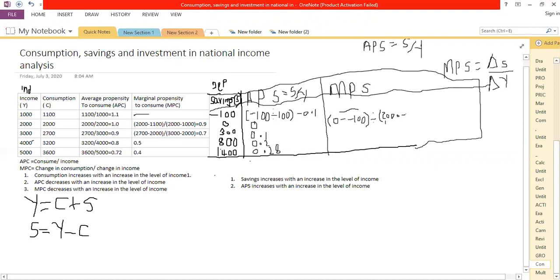That will give us 100 divided by 1,000, which is a value of 0.1.